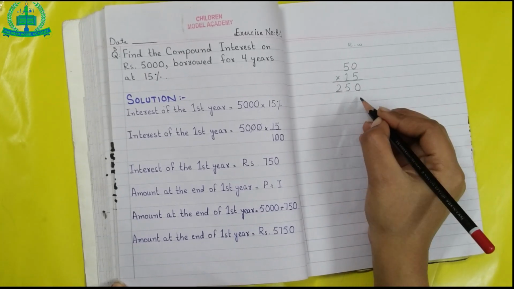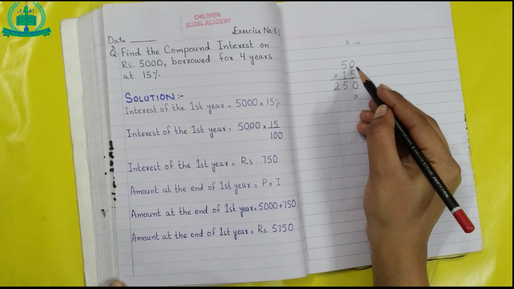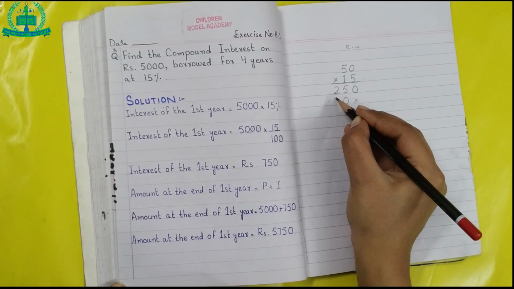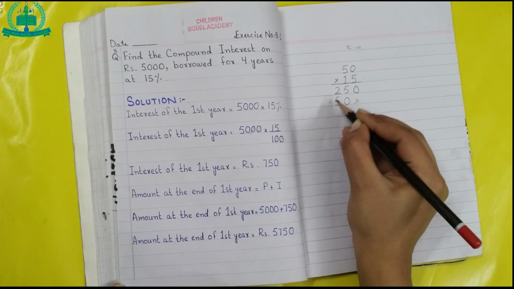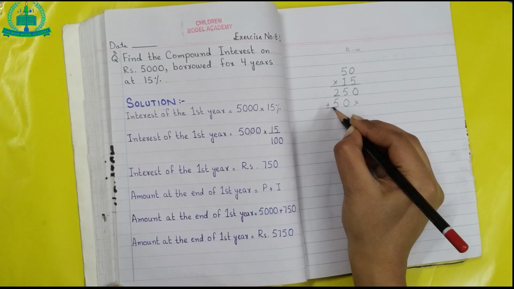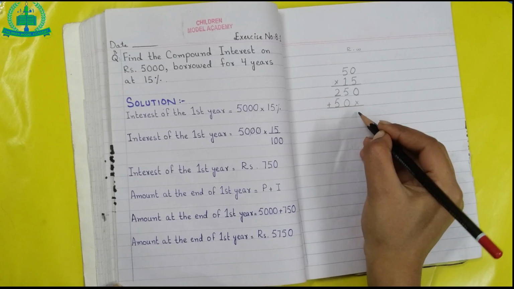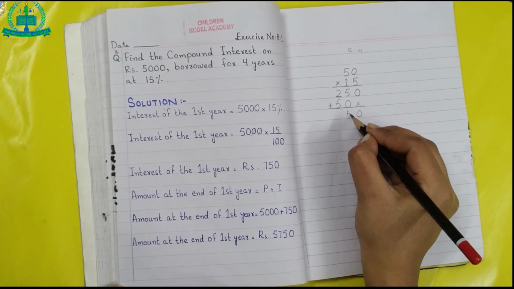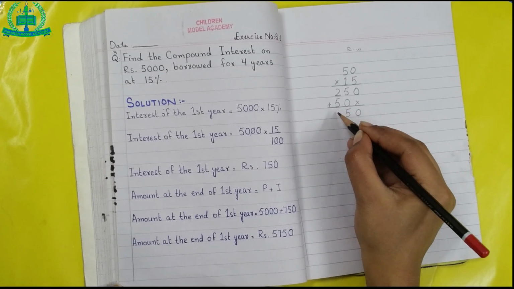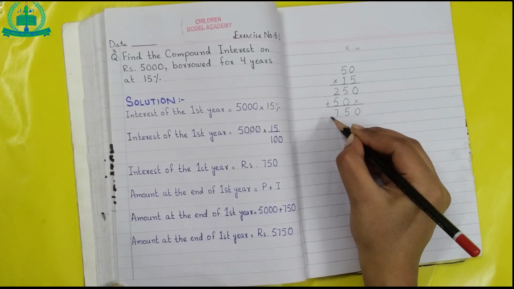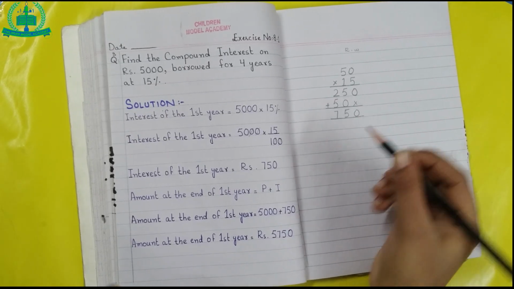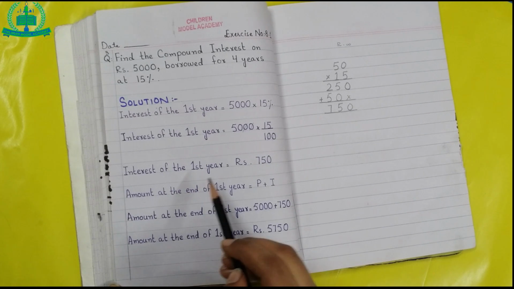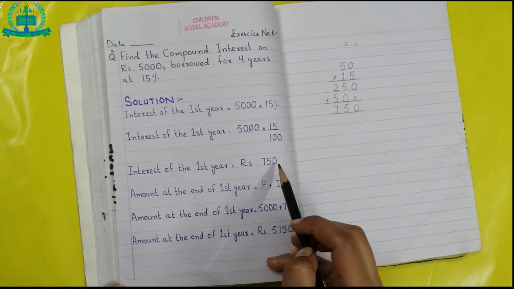Cross. 1 zero is 0. 1 five is 5. Plus, 0. 5 plus 0, 5. 2 plus 5, 7. 50 multiplied by 15 makes 750. So the interest of the first year is rupees 750.